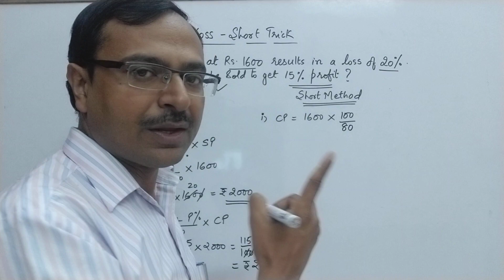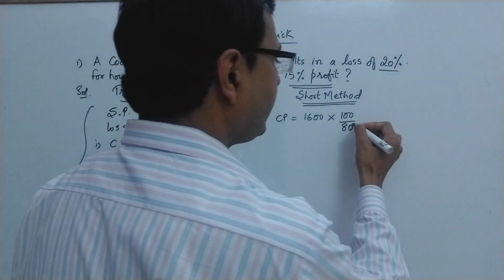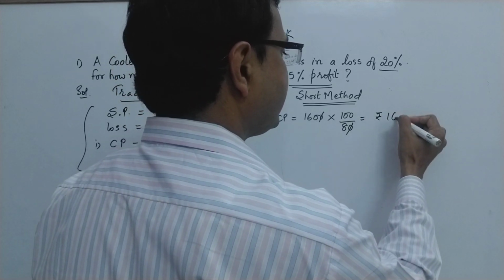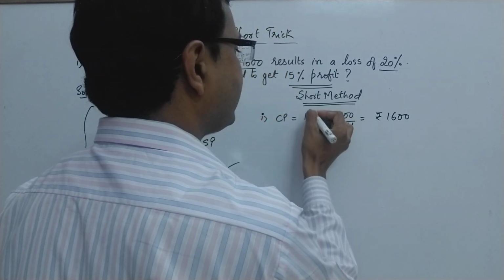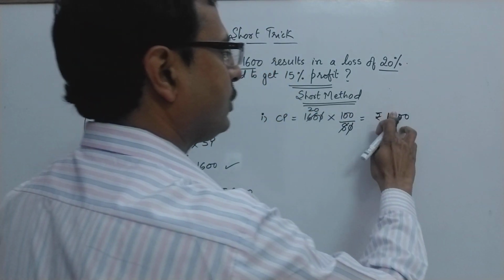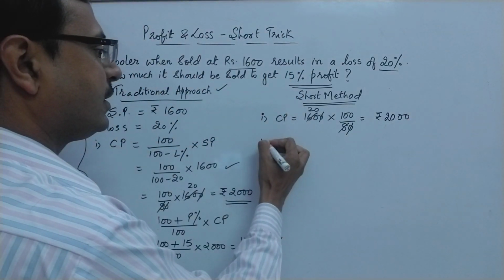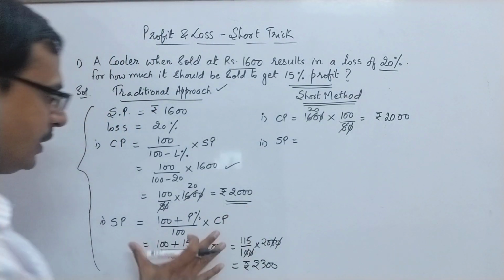Now this is the first step. So I have written this step directly. So here you have the cost price as rupees 1600, and 8 goes obviously 20 times, thereby giving you 2000, and then the second part, the selling price, which will be obtained by the second formula.